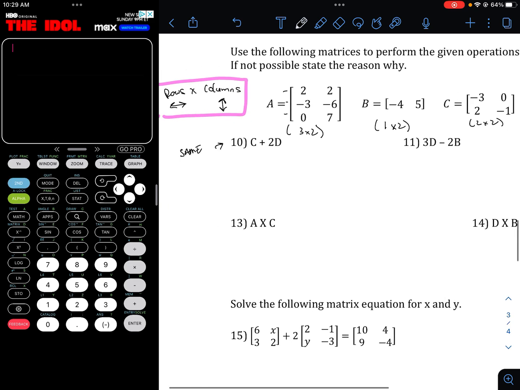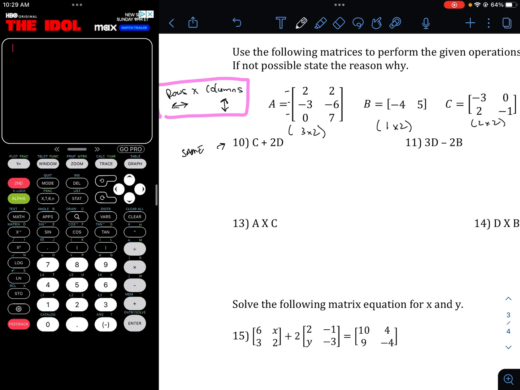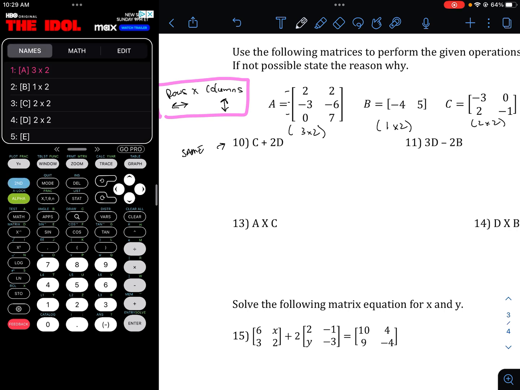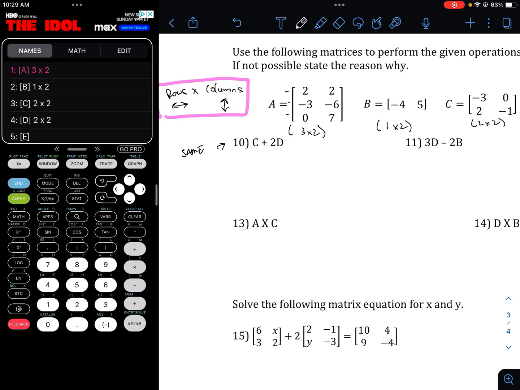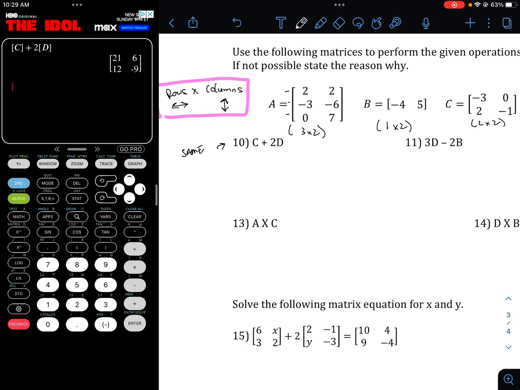Okay. As for adding, we can literally just do that operation in the calculator. Under matrix names, we're going to do C plus 2 matrix D. That's going to be 21, 6, 12, -9.